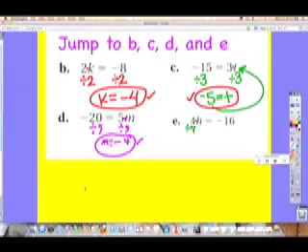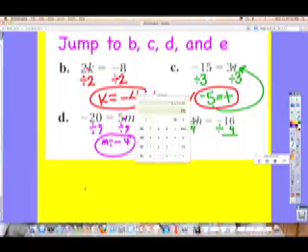And then 16, so h equals -4. Jalen, thank you. Guys, how many of you got the same thing?